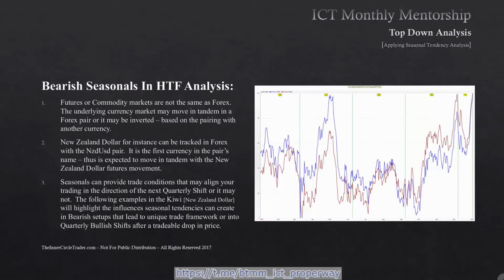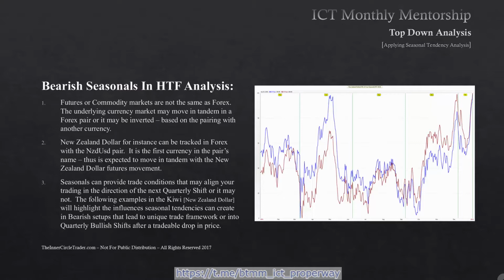It's comparing a long period of time, the blue line, and a shorter period of data. And when both of them move in tandem, basically in the same direction, up or down, at any given time, that highlights a high probability seasonal tendency.